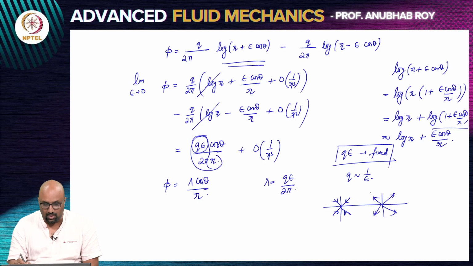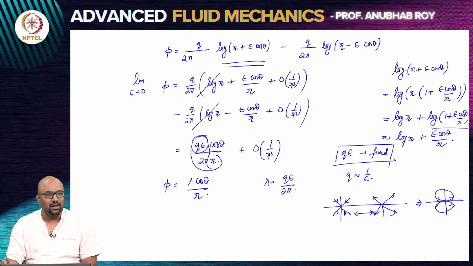When the distance shrinks, this will transition to a picture where on one side there is a flow rushing out like a source, and on the other side it closes in like a sink.